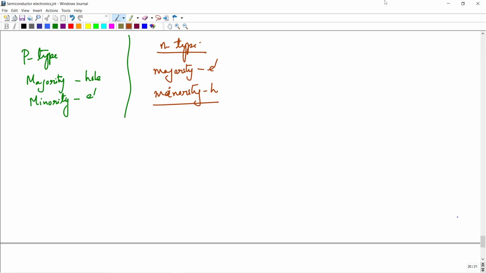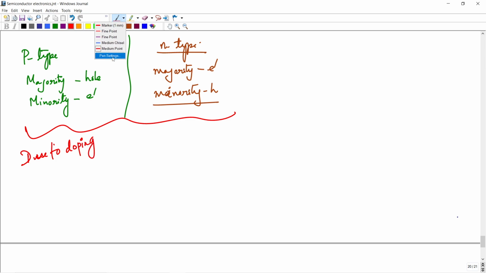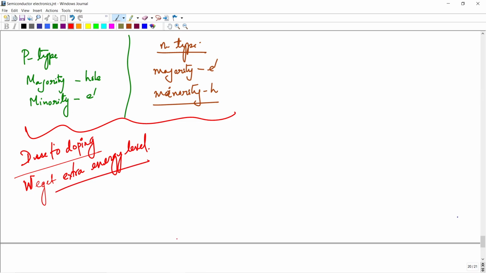Okay. So now update the energy band diagram. Due to doping we get some extra energy levels. These are called ED and EA.